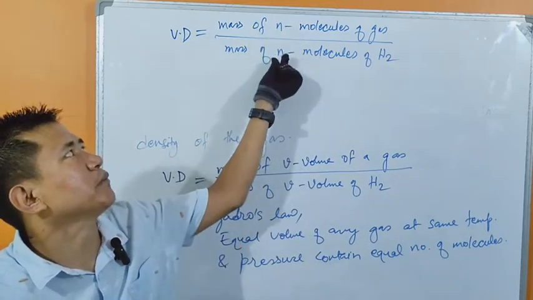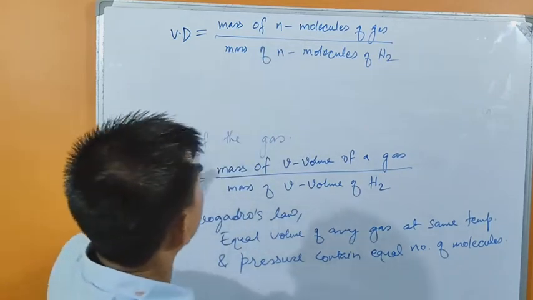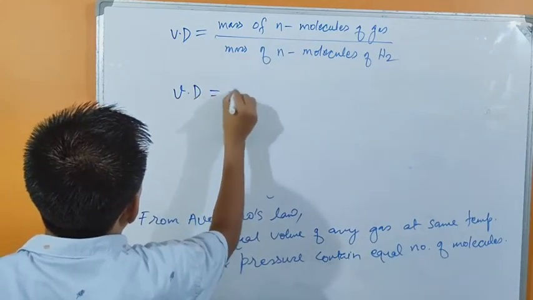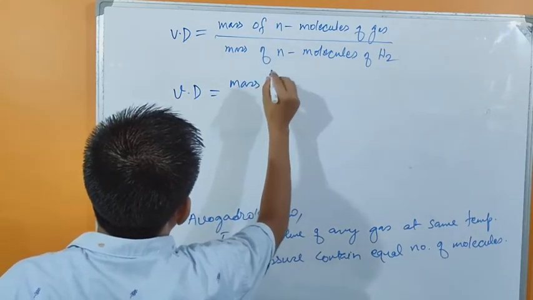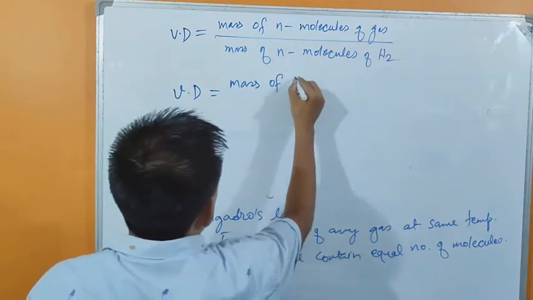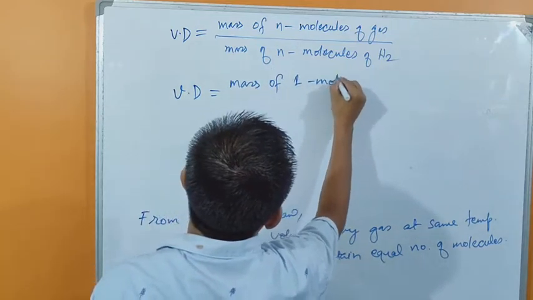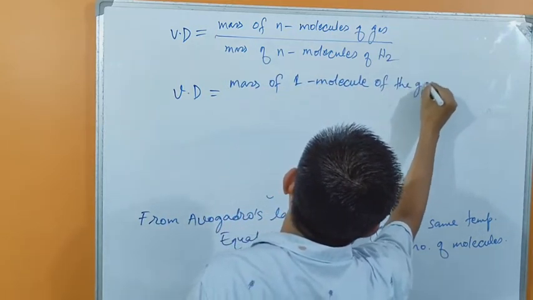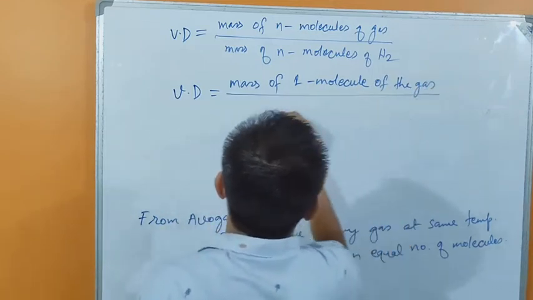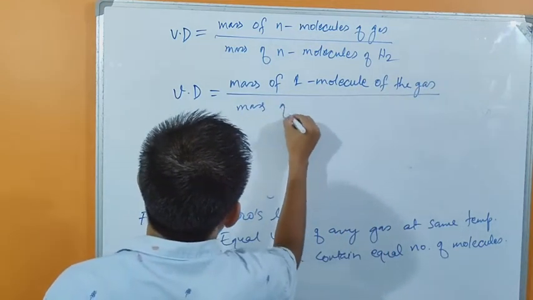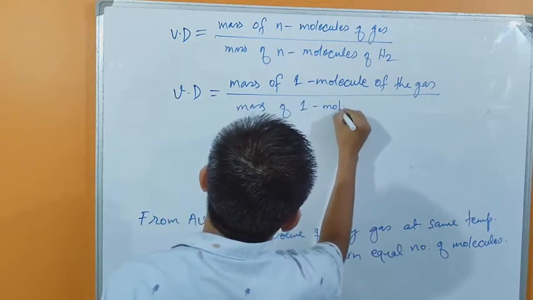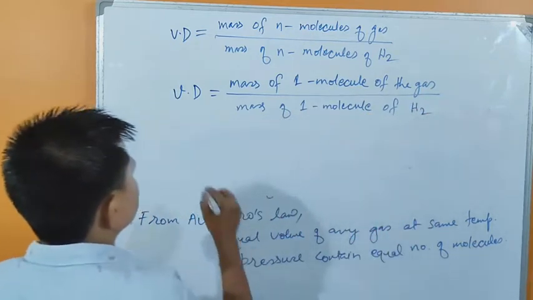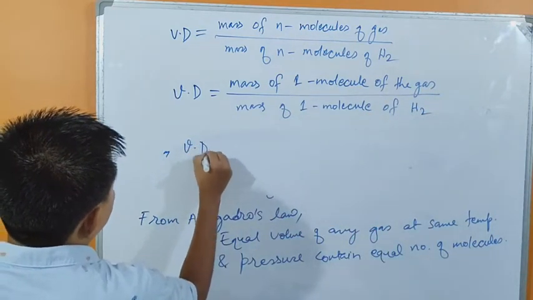So I am writing n number of molecules. We can reduce this to vapor density equals the mass of one molecule of the gas divided by the mass of one molecule of hydrogen, isn't it?